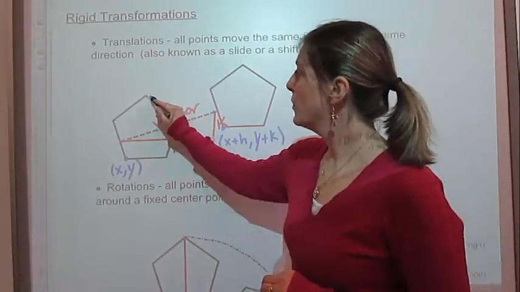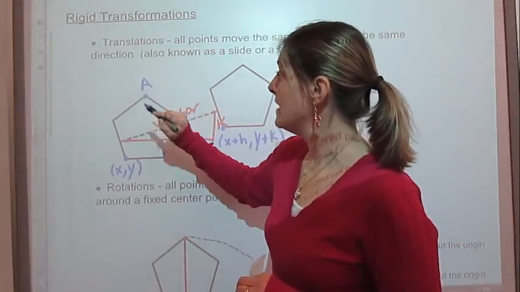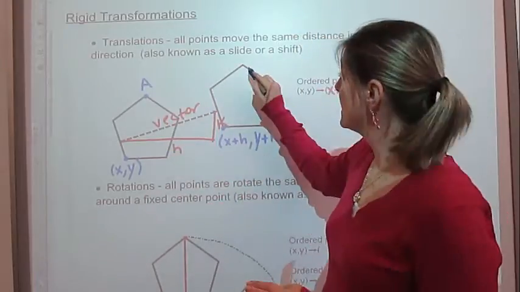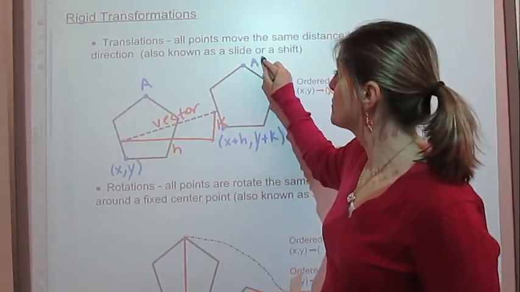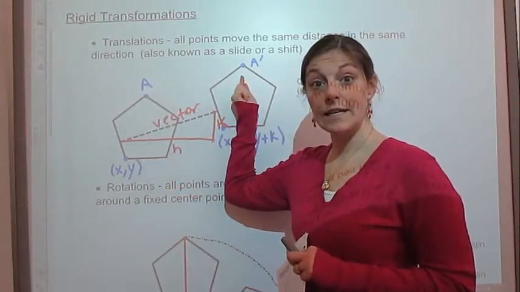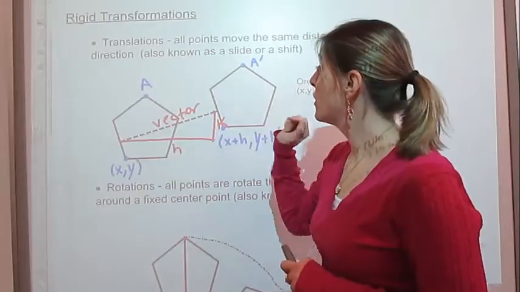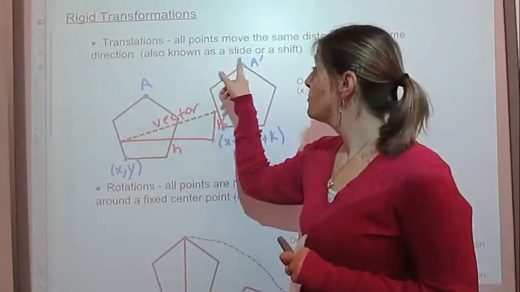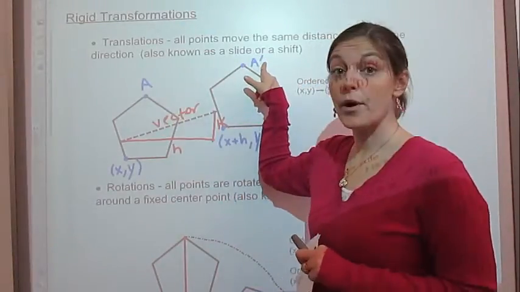Okay? Now, if we label this point as A, then after we translate it, we're going to call it A prime, because we took that point and translated it. Okay? So we call that A prime because A gets mapped onto A prime.